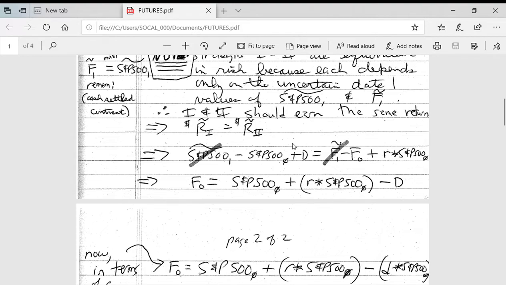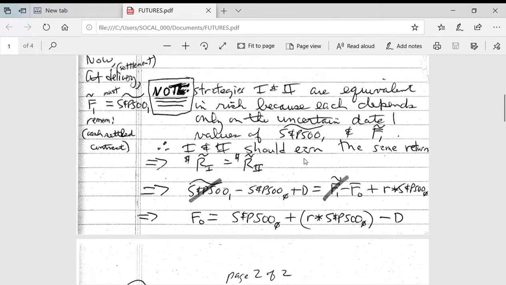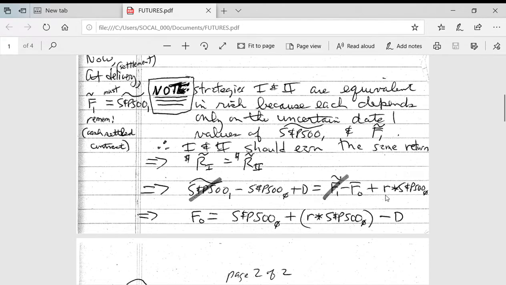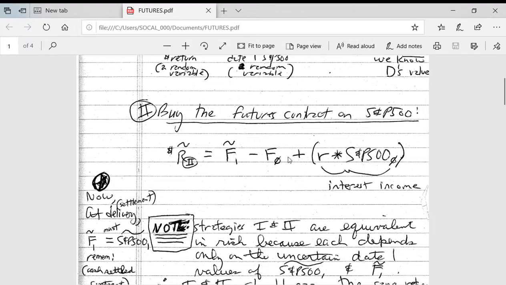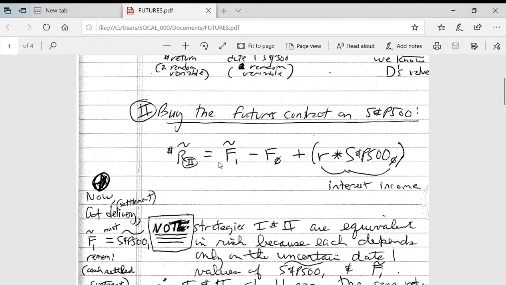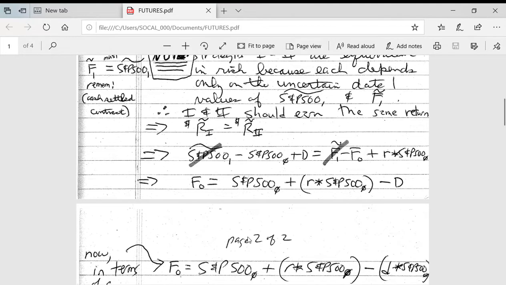Now down here I'm just plugging in the right-hand side of strategy 1, and then here I'm plugging in the right-hand side of strategy 2, right? And then you can see, since this is equal to this, we just cross them out, and then we algebraically rearrange it and solve for f sub 0, which is the value of the futures contract right now at date 0, when we take a position in the spot asset, or maybe we choose to take a long position in the S&P 500 futures contract.